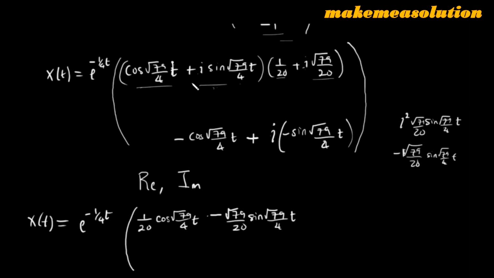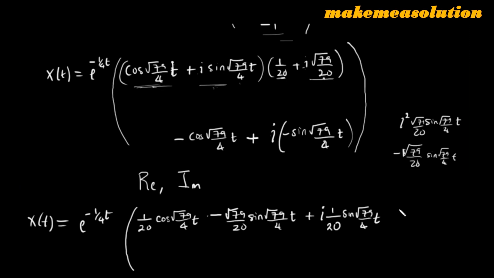So when you expand, what can give you imaginary? This term times this term gives me imaginary, giving me plus I, okay, and 1 all over 20. You now have sine root 79 over 4t. Then this term and this term finally will give me another imaginary, this and this.